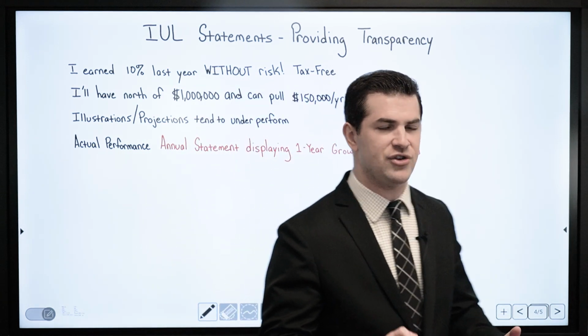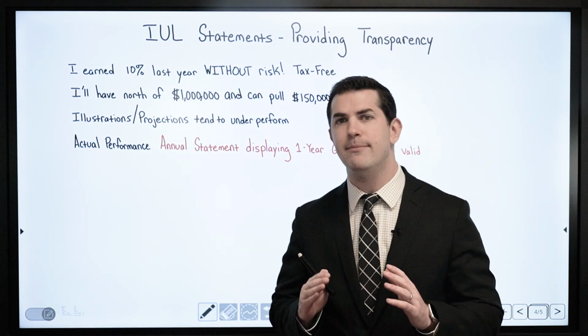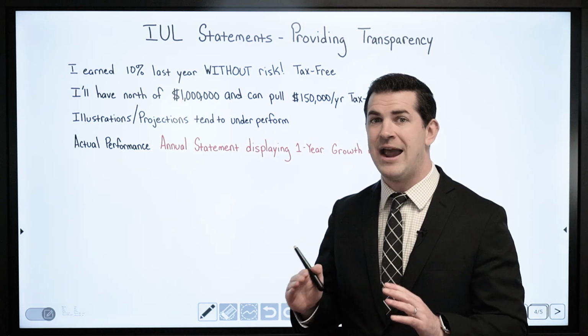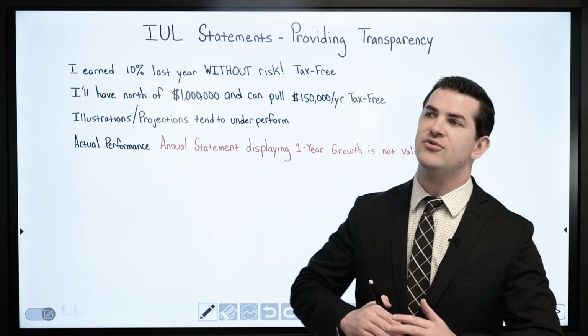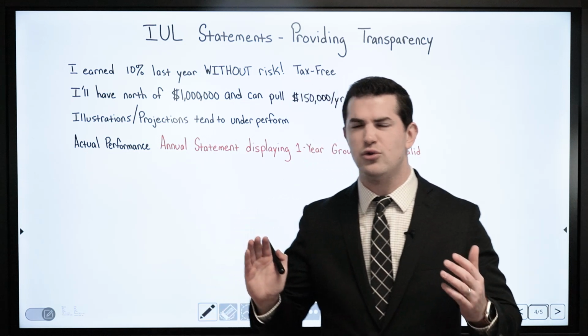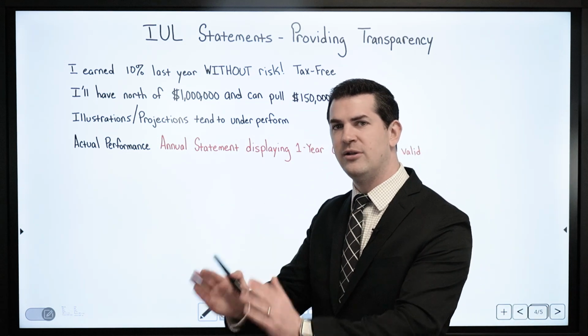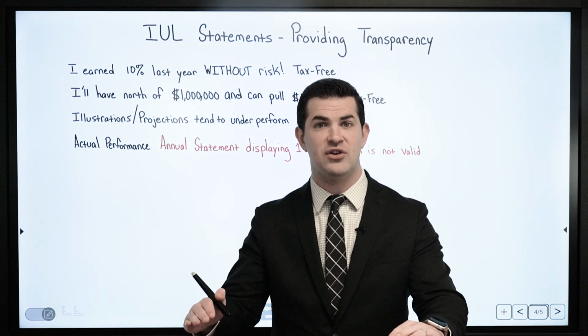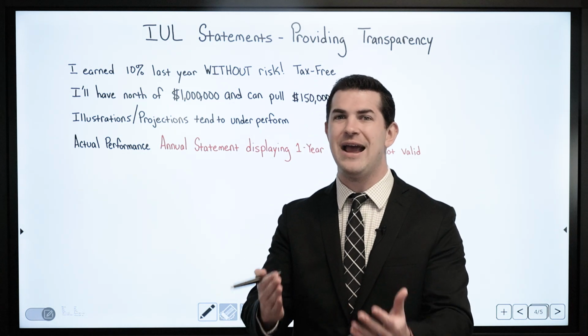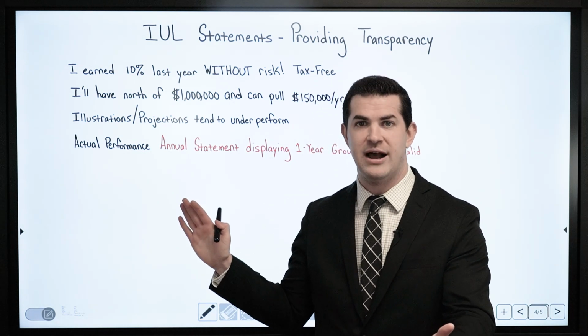Anytime we look at cash value life insurance, what I am most interested in is actual data, because where cash value life insurance is sold so frequently is based on an illustration, which is a projection that makes the values look fantastic long term, particularly with an IUL.